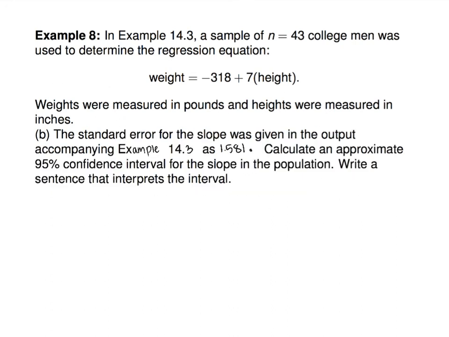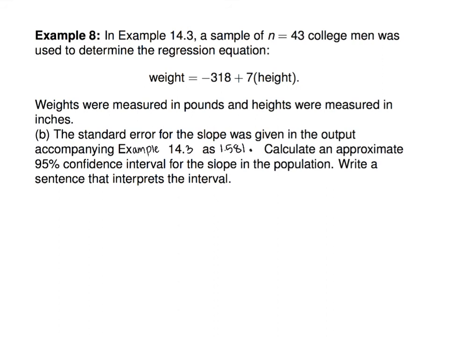Okay, the standard error for the slope was given in the output accompanying this example as 1.581. Calculate an approximate 95% confidence interval for the slope of the population. Write a sentence that interprets the interval.